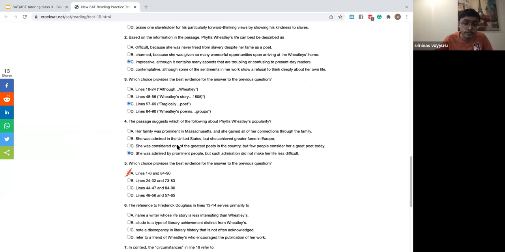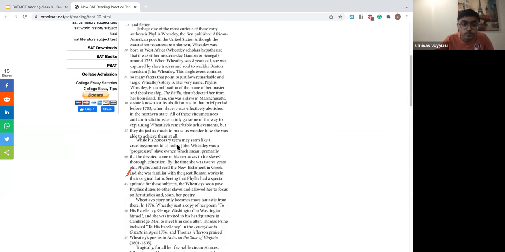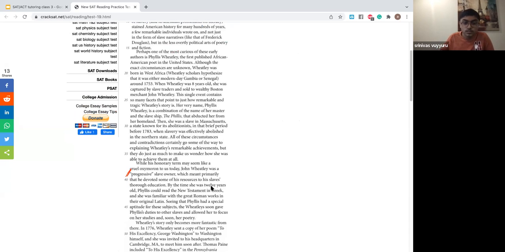Choice B, 24 to 32. Okay, so 24, the single event contains so many facets. So this sentence sounds pretty good. However, the rest of it is not really talking about why people liked her.